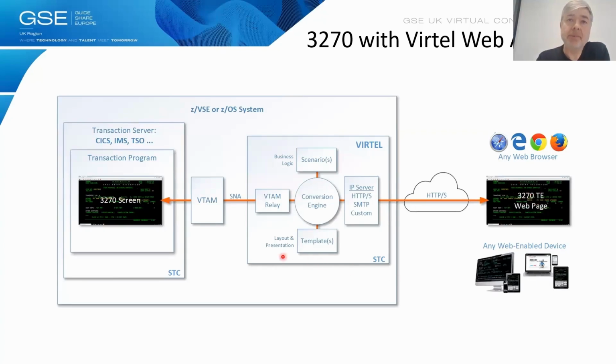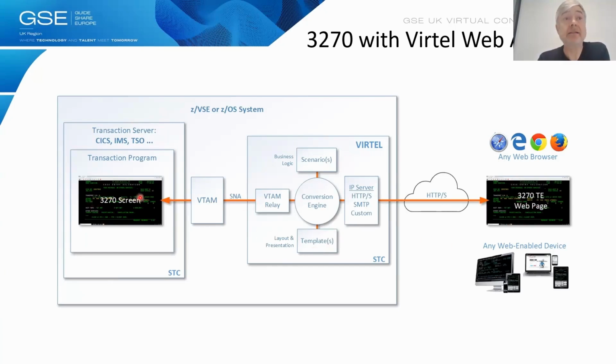Now, what's important here, and I'm going to refer to that in the next slide, is that Virtel Web Access comes with a set of basic templates which define how your 3270 data is going to be displayed in the web browser. So the basic standard set of templates that come out of the box with Virtel are your basic green screen templates.